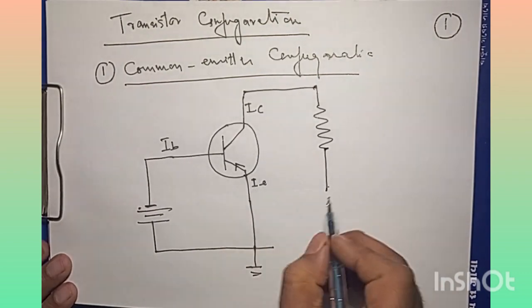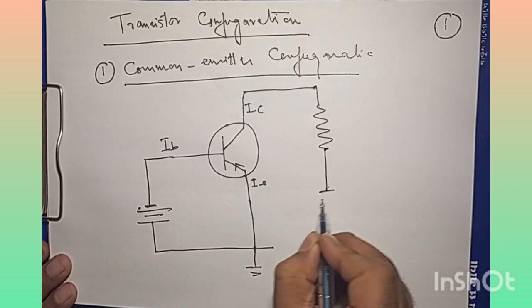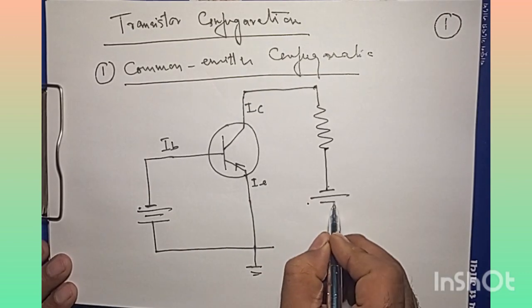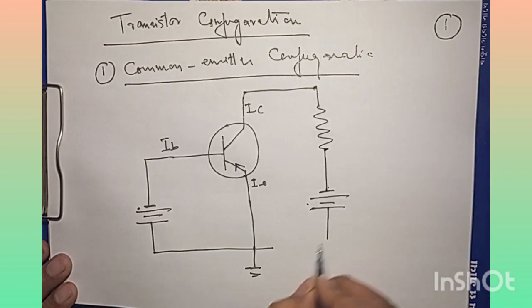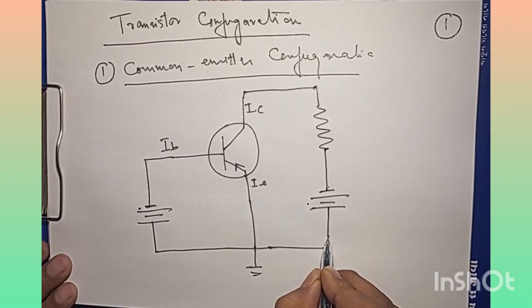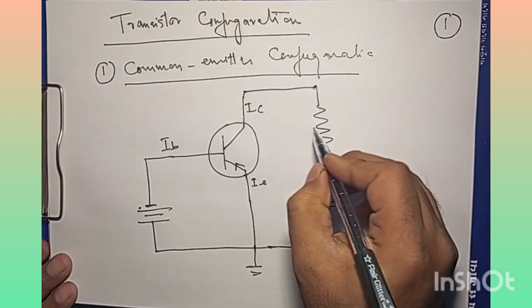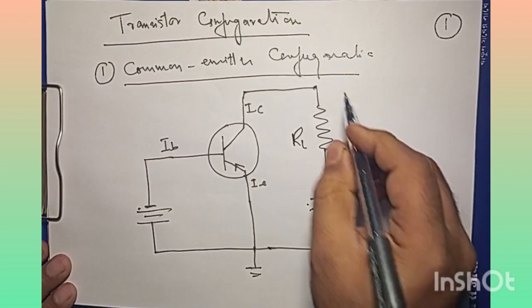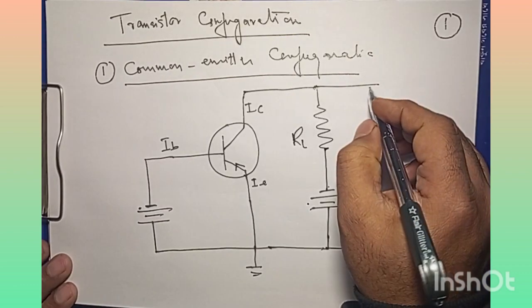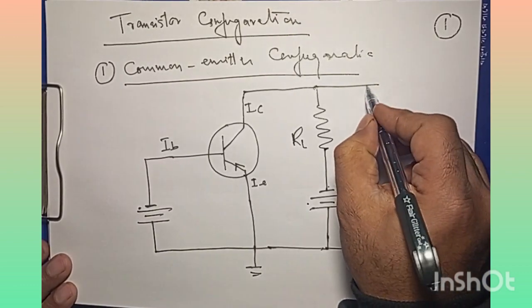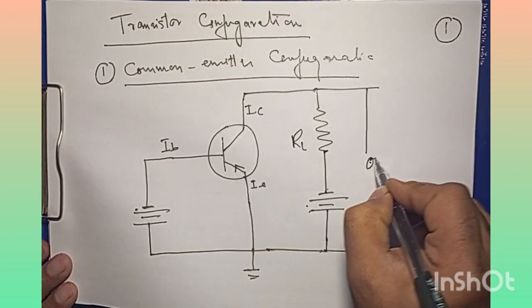So for that, I must give negative here, and then the rest of the thing is clear. So this is my common emitter configuration. This I can call as load resistance, and from here we will have the output across this RL. So here I will have the output.